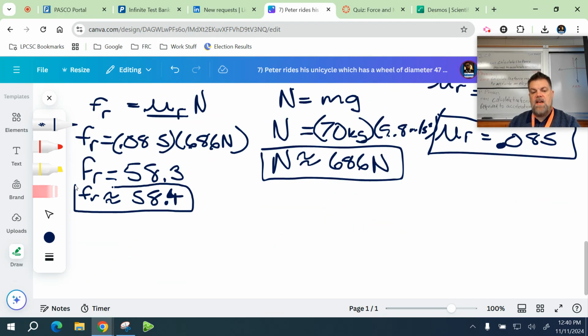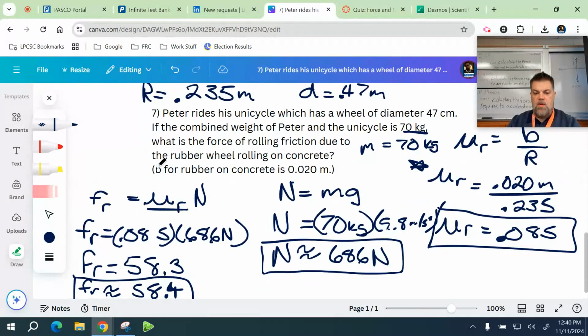So let me go over that again, because I feel bad in the way that I presented that question. I just started doing the calculations without explaining why I was doing them. So in order to find the frictional force, I needed to know that the frictional force for rolling is equal to the coefficient for rolling times the normal force.